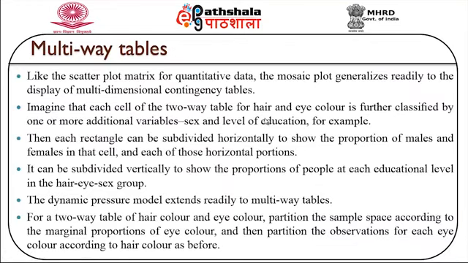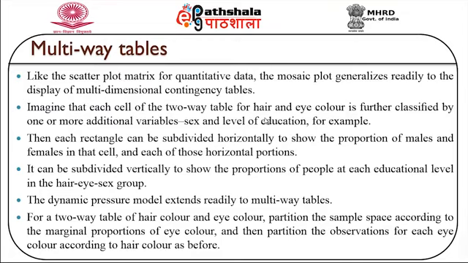The next one is the multi-way tables. Like the scatter plot matrix for quantitative data, the mosaic plot generalizes readily to the display of multidimensional contingency tables. Imagine that each cell of the two-way table represents a hair and eye color and is further classified by one or more additional variables, that is sex and the level of education.